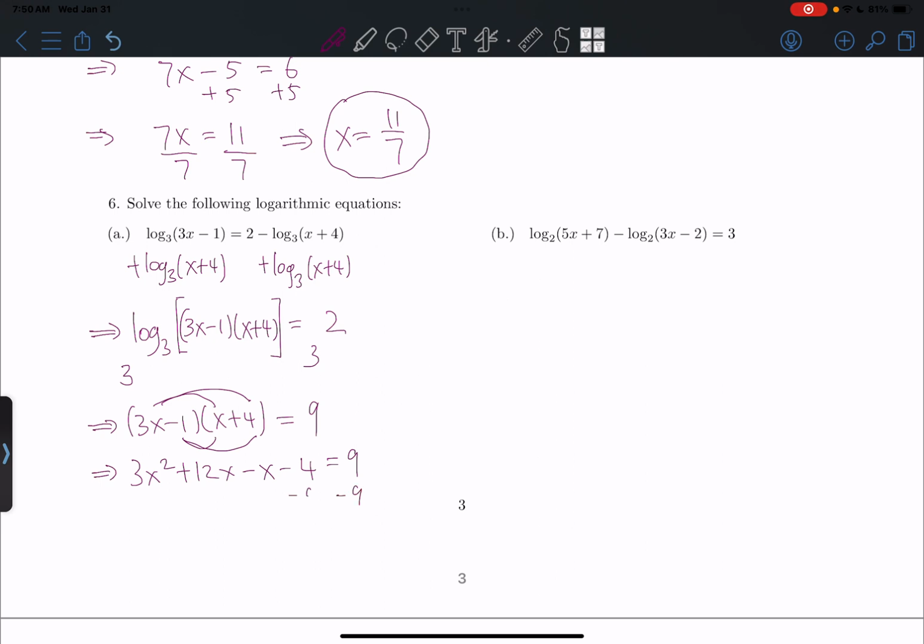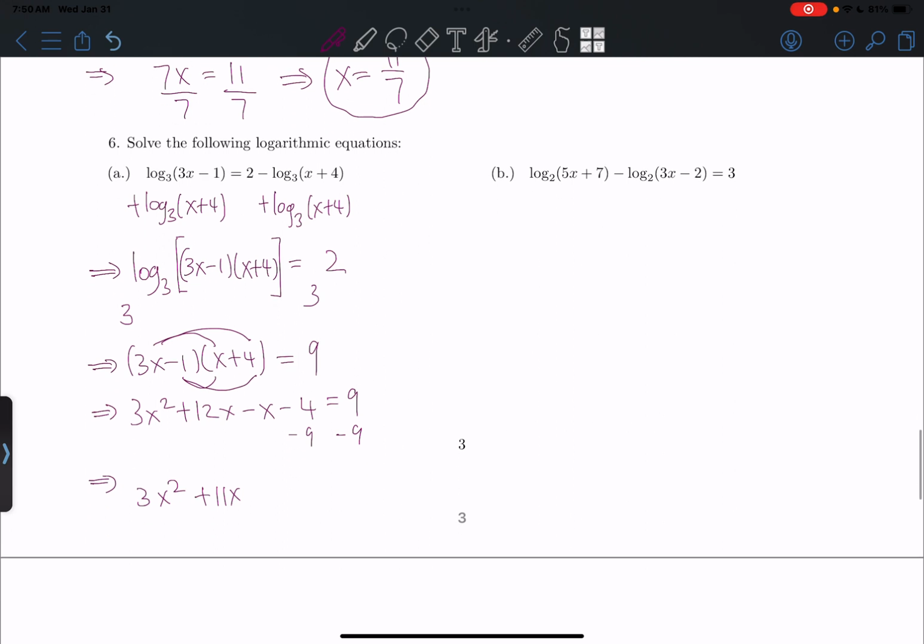So minus 9 on both sides here. So I guess 3x squared plus 11x minus 13 equals to 0.